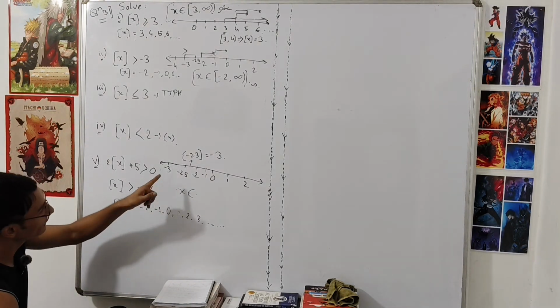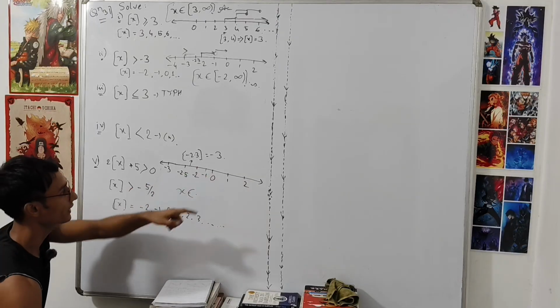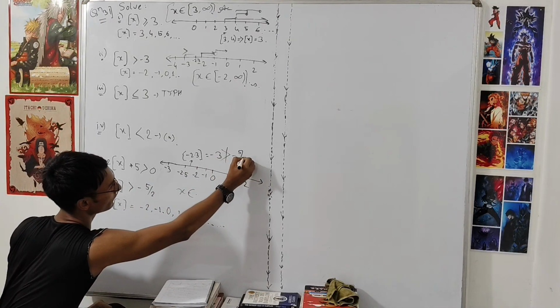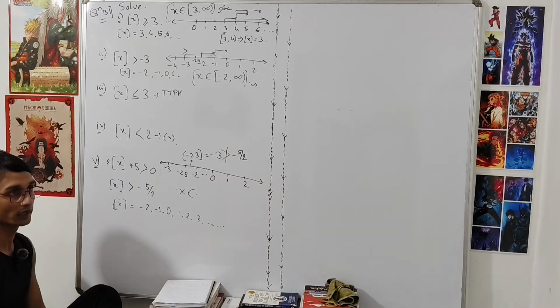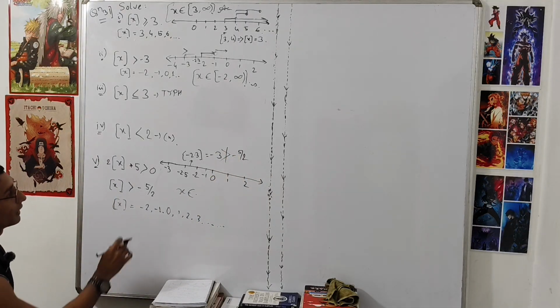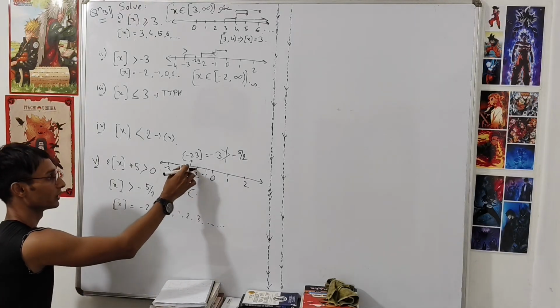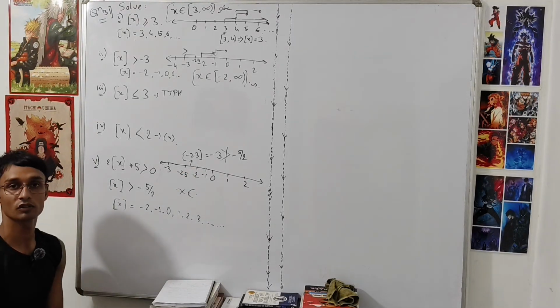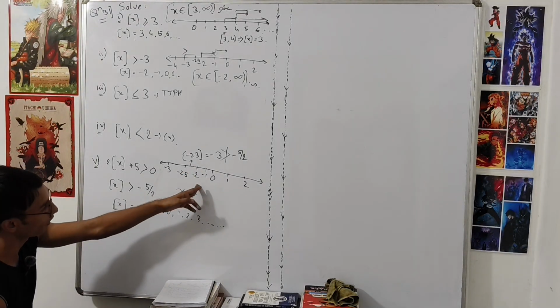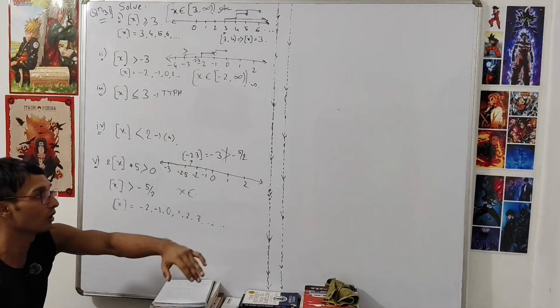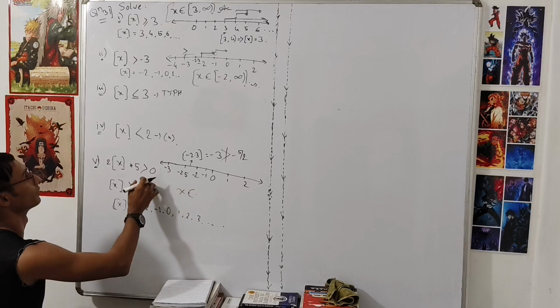Yes, so less than क्या है? -3, but -3 is not greater than -5/2. Okay, -3 is less, that's why -2.3 we will not choose. Okay, -2.3, -2.1, these values we will not choose. We will choose from -2 itself. Okay, and then go right, then only you will go.